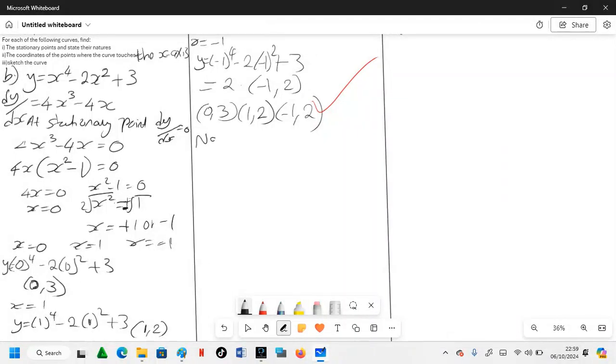Let us get the nature of the stationary points. You can very fast get the nature of the stationary points by simply sketching them. Let us sketch them.